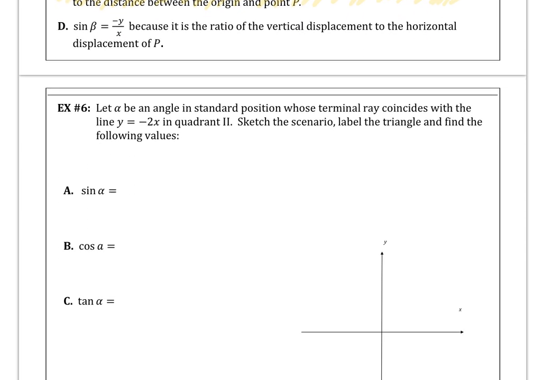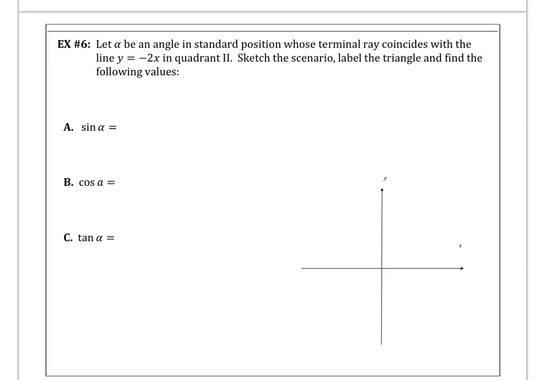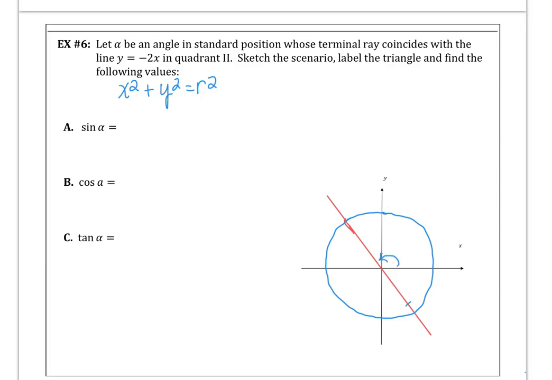And example 6, I believe this is our last example. Let alpha be an angle in standard position whose terminal ray coincides with the line y equals negative 2x, in quadrant 2. We want to sketch that scenario. And looking at this image, we know that this angle is alpha, dropping the perpendicular back down to the x-axis.